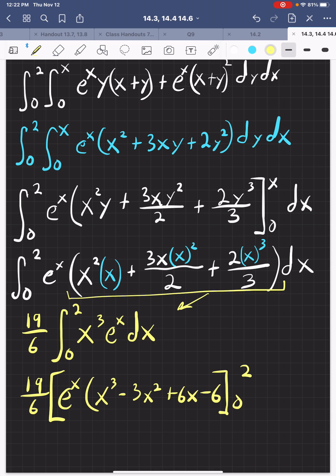All right. One more round of substitution. And this time we're subbing for x. The result is the following, which is roughly 65.797.